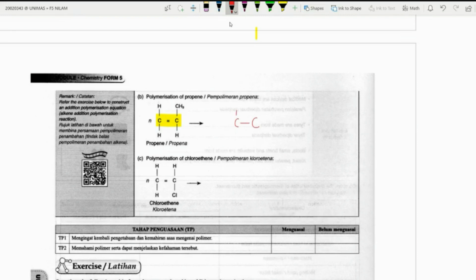Then the remaining will be the same, just copy H. The double bond forms two new single bonds. Sorry, I copied wrong. This one shouldn't be H, this one should be CH3. Then this one times N.